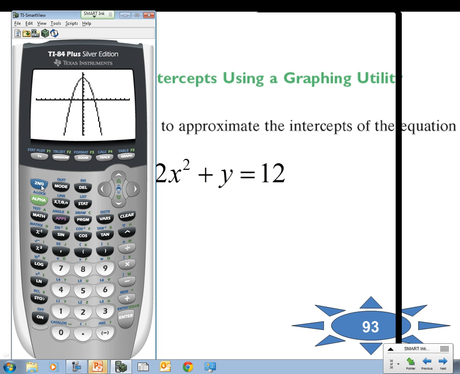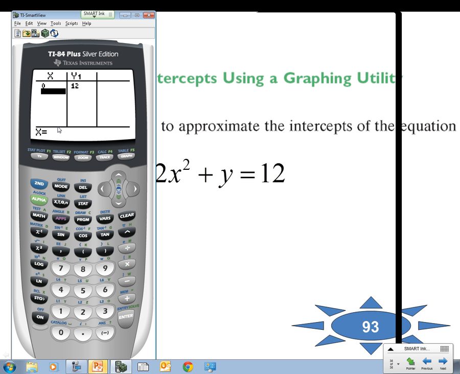For the y-intercept, we can go into our table and make x 0, because if we go back to our graph, isn't the y-intercept where x is 0? So let's go back to our table, make x 0, and see what happens. The y-intercept is 12.